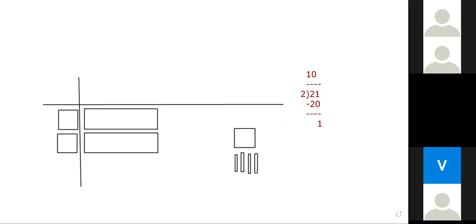Swati, here they are just putting 1 and 2, 2 times is 2, and the 0 won't come here. But please put it, otherwise the child will remain confused.